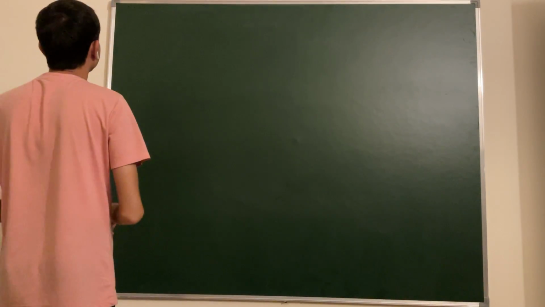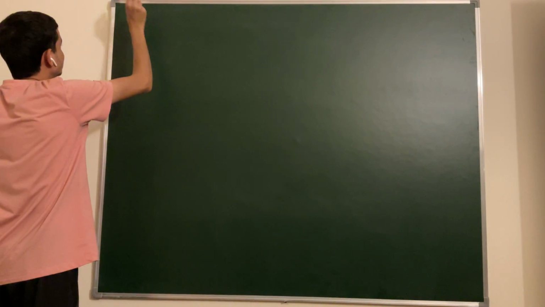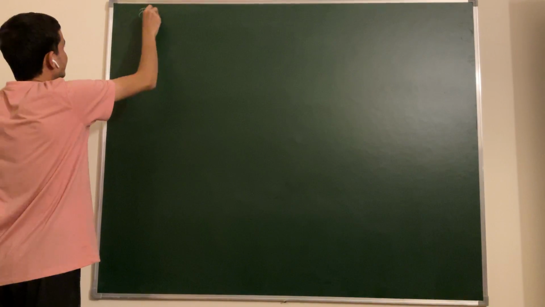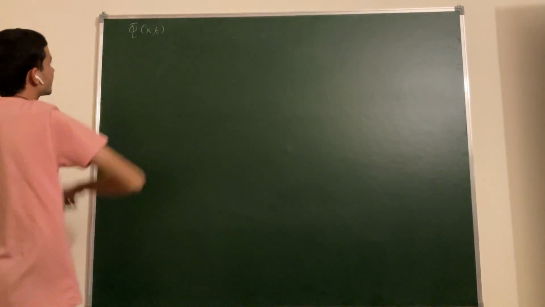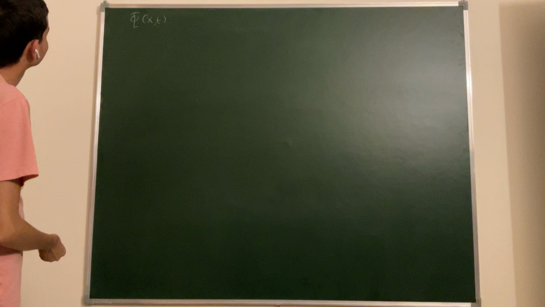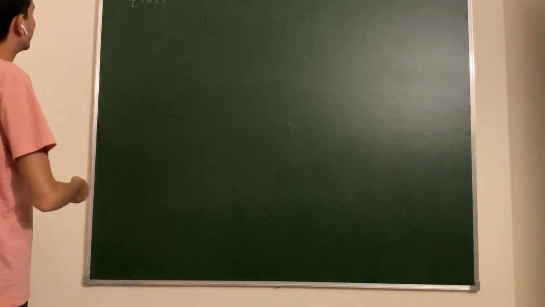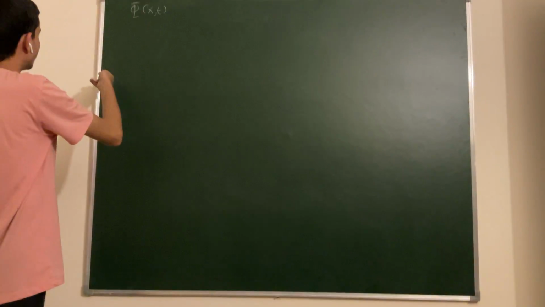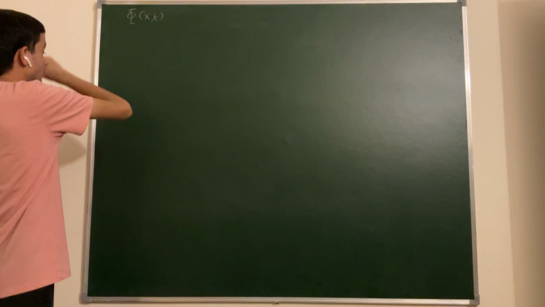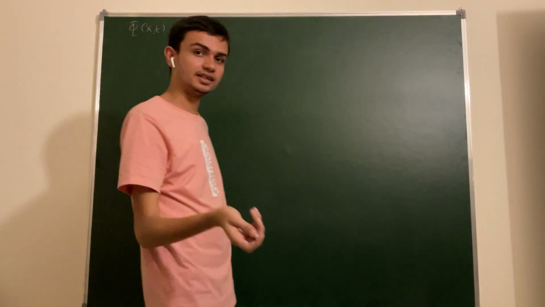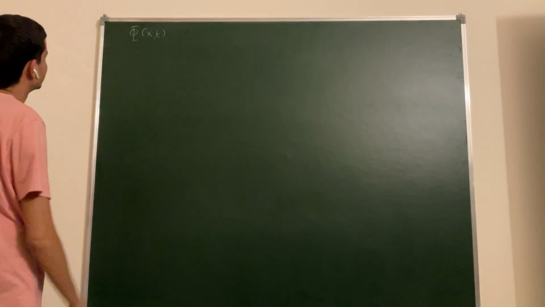Okay, great. So suppose I have a field phi as a function of x and t. I define a Lagrangian, not Lagrangian actually, Lagrangian density, because this is a field now.